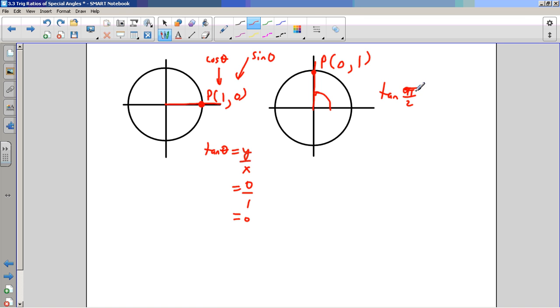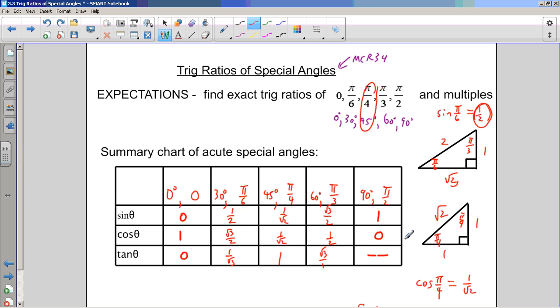Let's get used to this. The tan of pi over 2 is y over x, but in this case, I get 1 over 0, which is bad. Error. We actually don't call it error. We call it undefined. And so I'm going to record that in this summary chart as undefined. I'm just going to put 2 little slashes here.